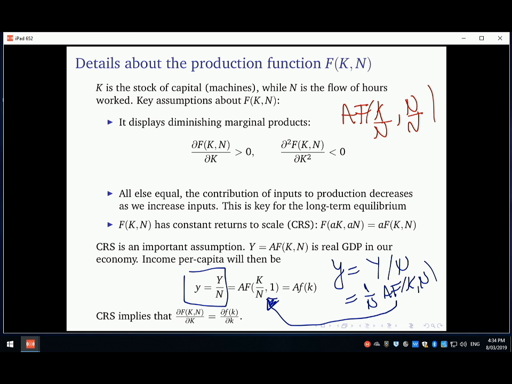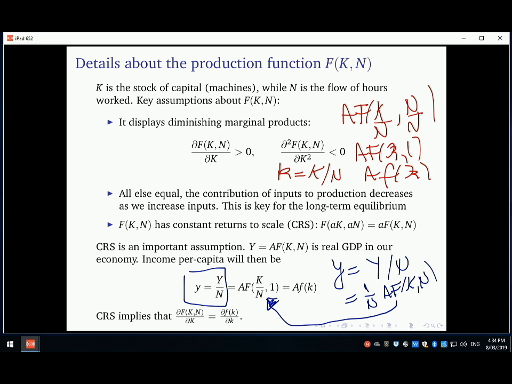That is equal to A, F, little k, comma 1, where little k is big K over n. Little k is just big K over n. And then we just define that as little f. It's just notation.